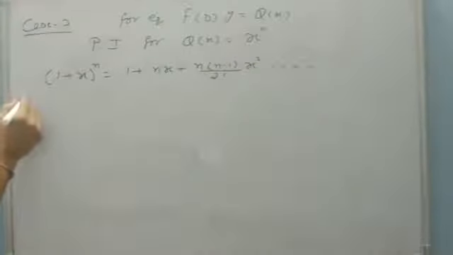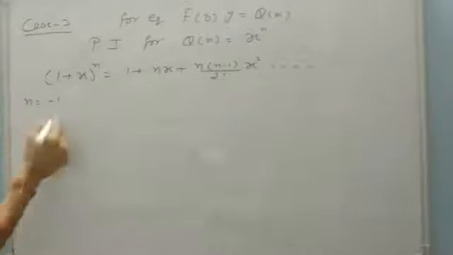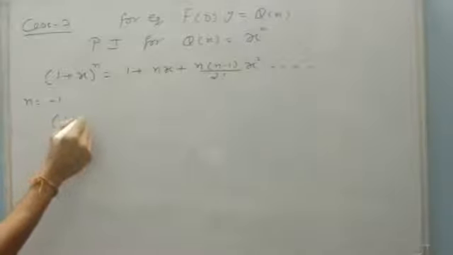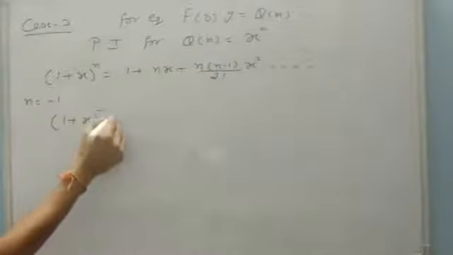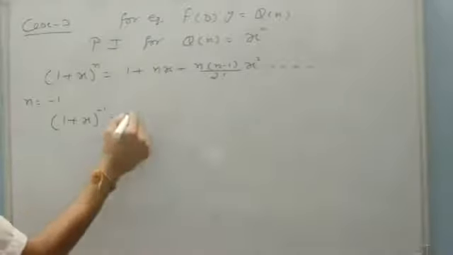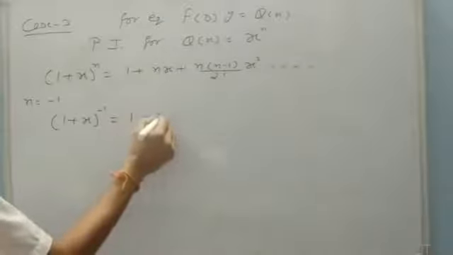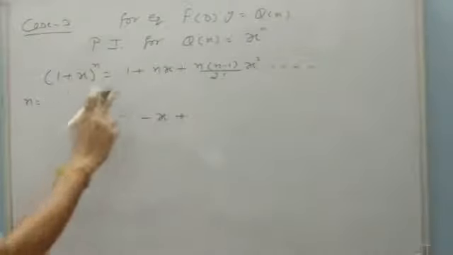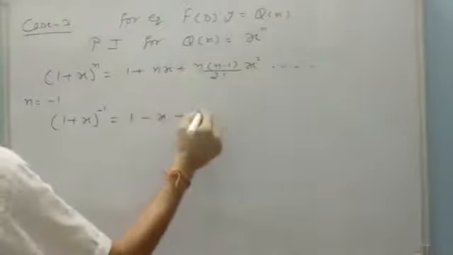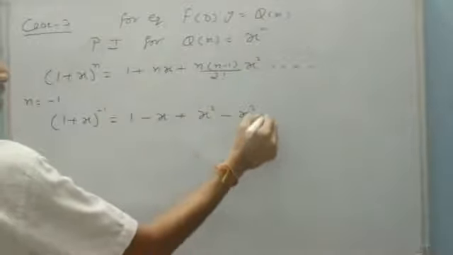But in the particular case, when n equals minus 1, then it is (1 plus x) to the power minus 1, which will become 1 minus x plus x square minus x cube and so on.